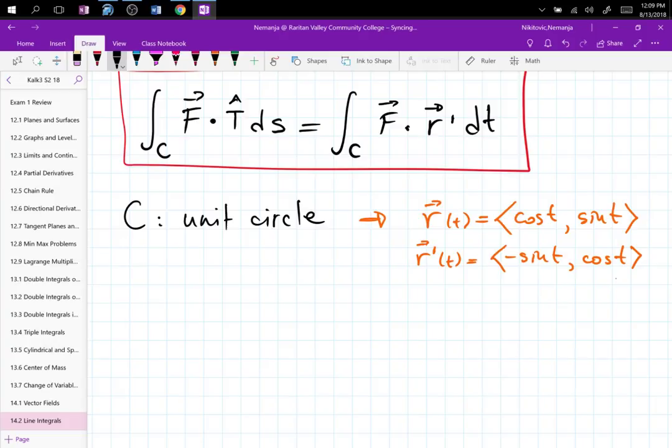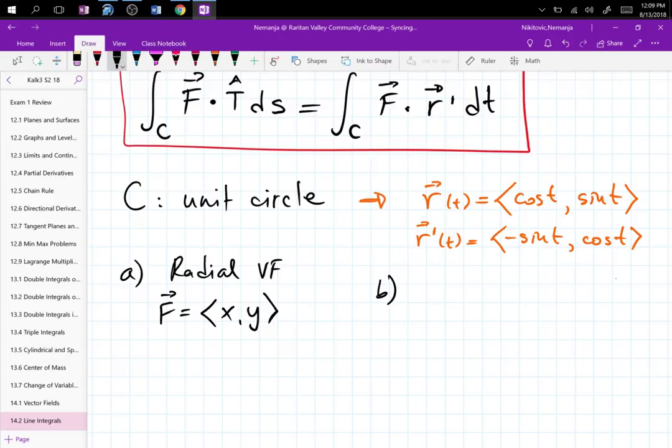Now I want to consider two different vector fields. Part A is going to have the radial vector field given by F equals x, y. So that's our radial vector field. And then for part B, I will consider the rotational vector field given by the standard negative y, x.